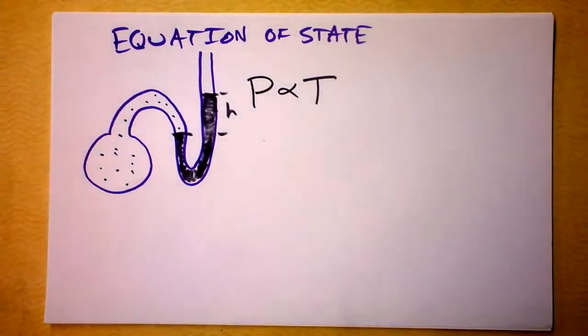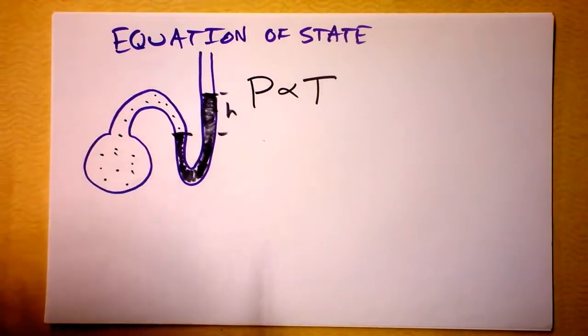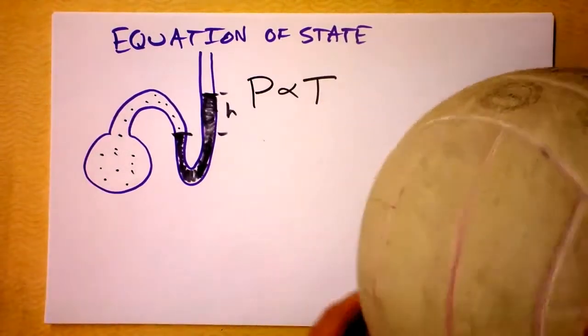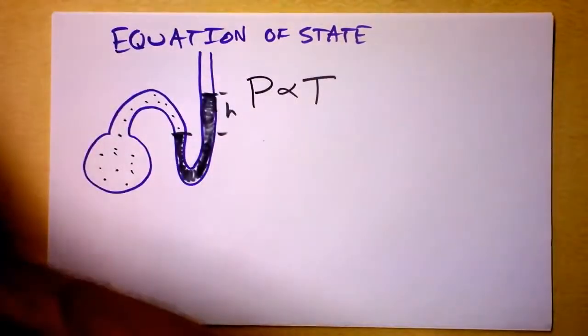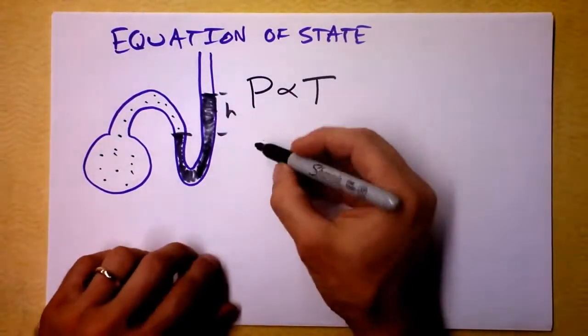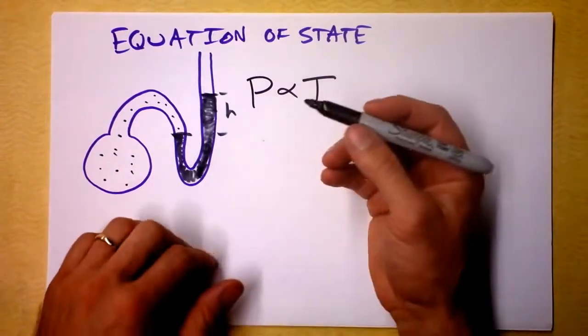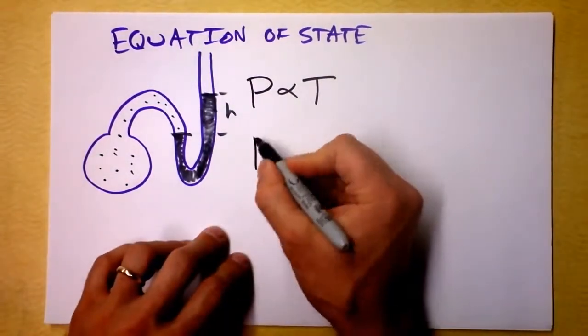All right, but what if you think about a volleyball, and the volleyball is flat and you want to pump it up? So you want to pump up that sucker, and then the pressure is going to go up. But what have you changed?